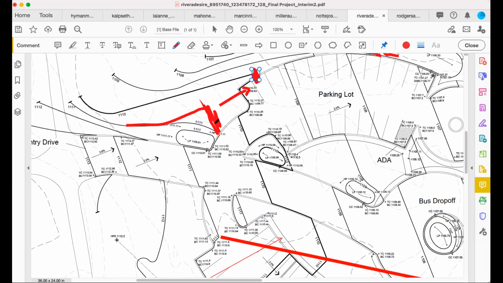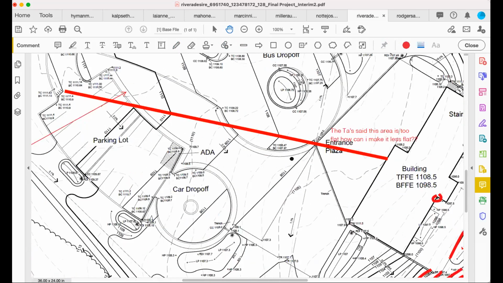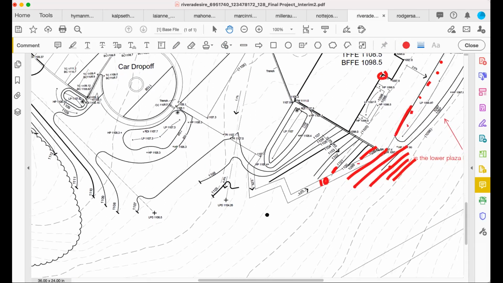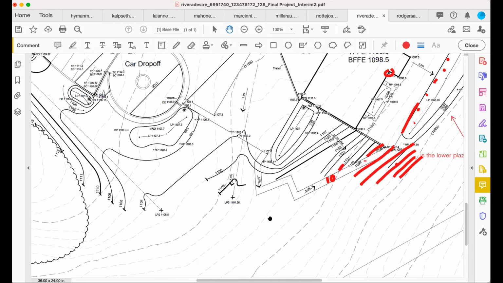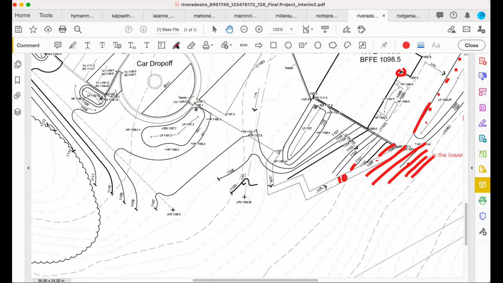Okay. All right. Very similar to comments with others, I don't think we need to create a swale. We don't need to create a swale once we get to this point.